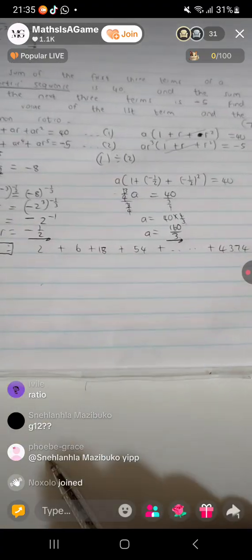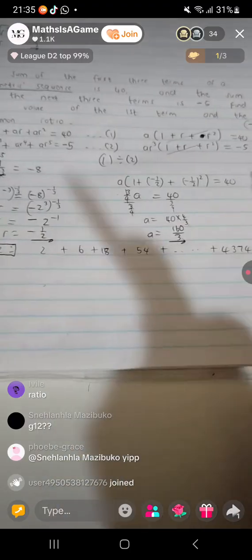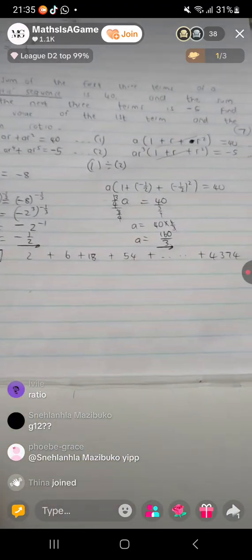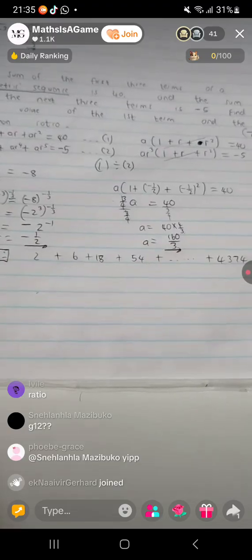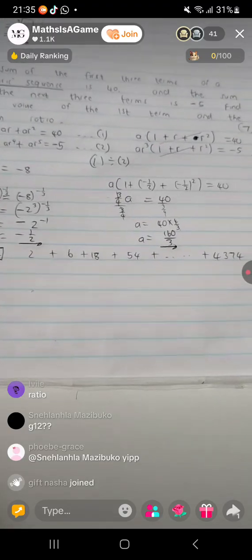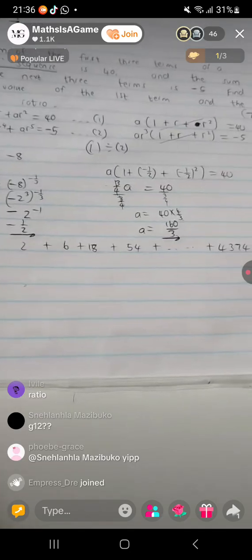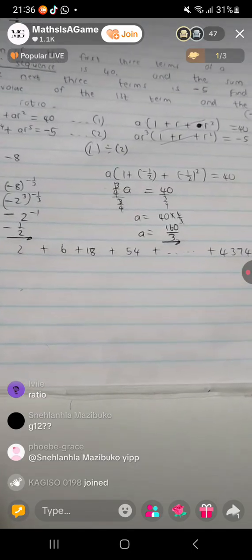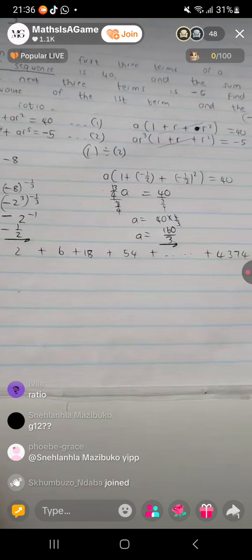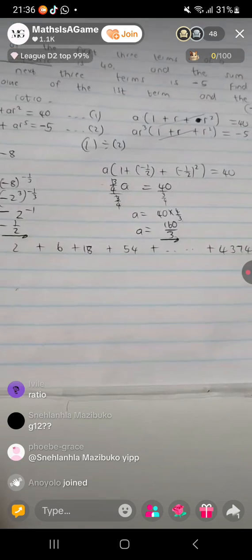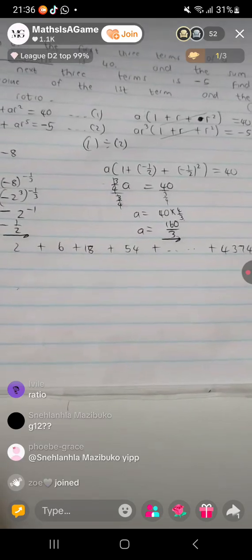And furthermore, how will we know how many terms this series actually contains? Because remember, more than anything else, we need to know how many terms the series contains. This is for 7 marks, by the way. And remember, we have a formula, but we need A, we need R, and we need N in order to calculate the sum of this series.